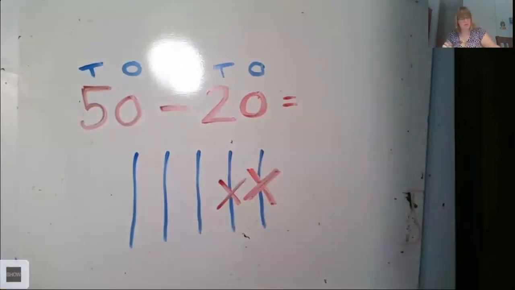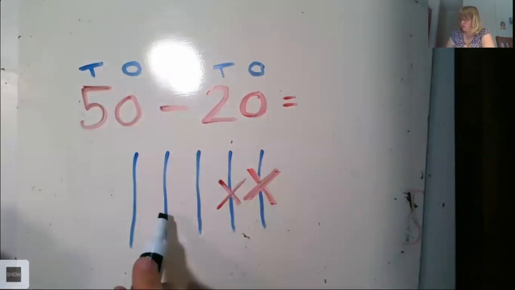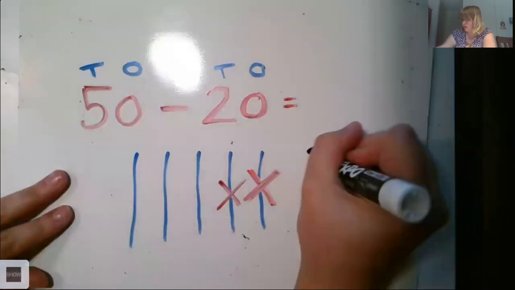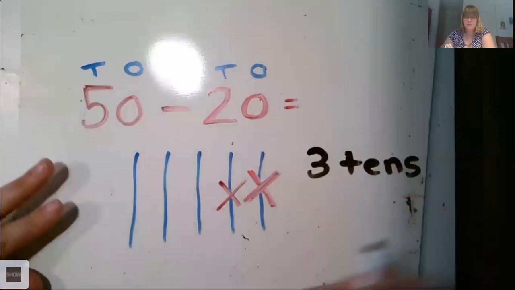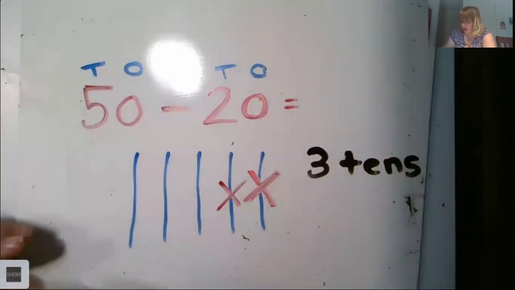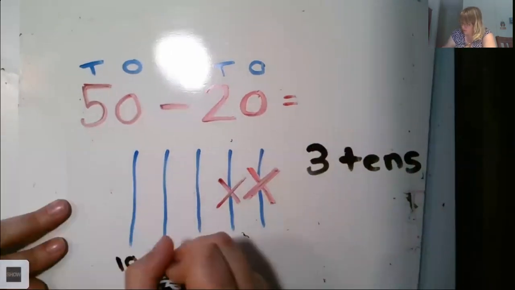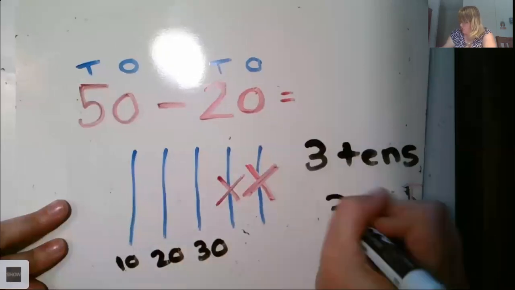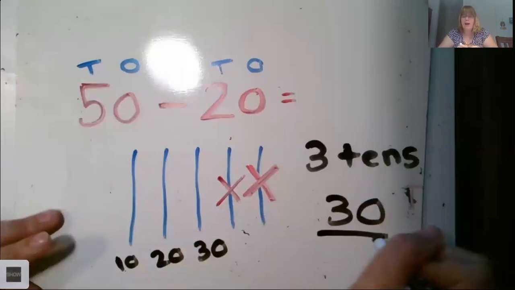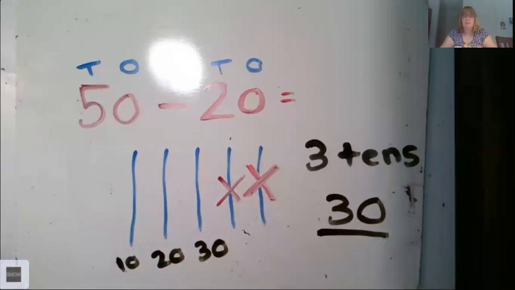And I'm done taking away. Now I can count what I have left. I have 1, 2, 3 tens left over, which is the same as 10, 20, 30. So we know that Wyatt has 30 Beyblades left after he gave some away to AJ.